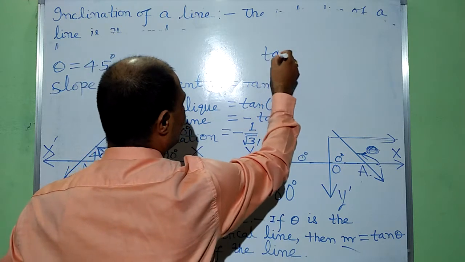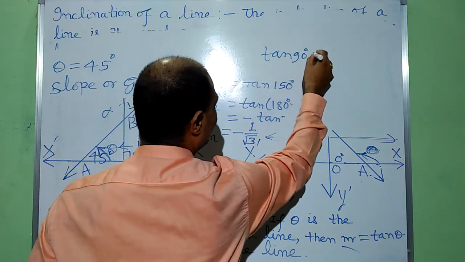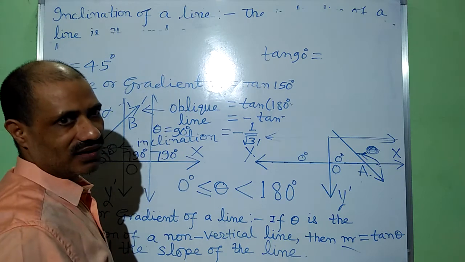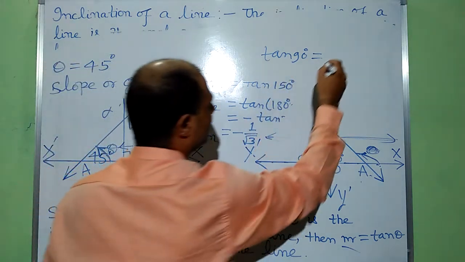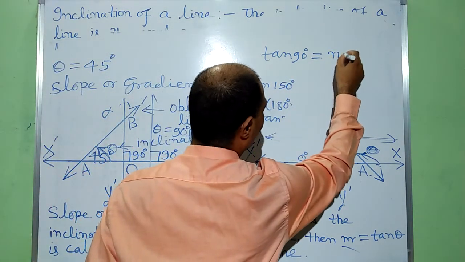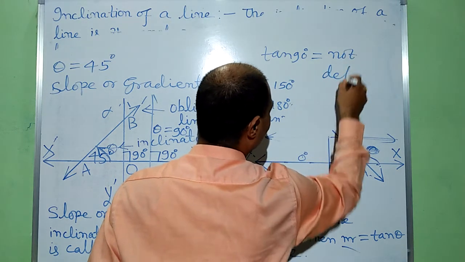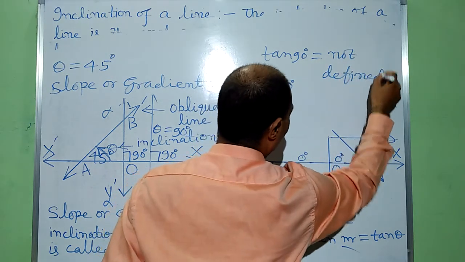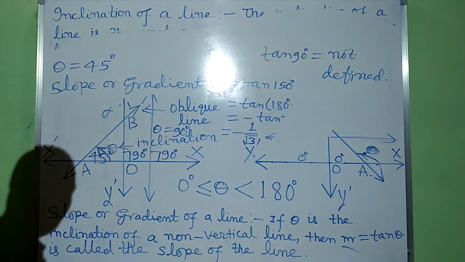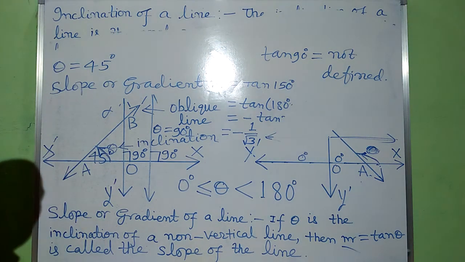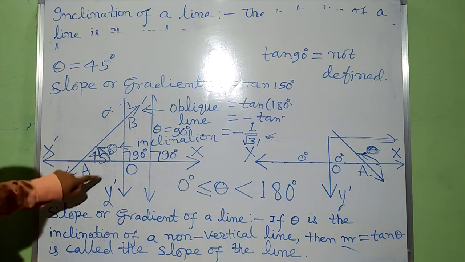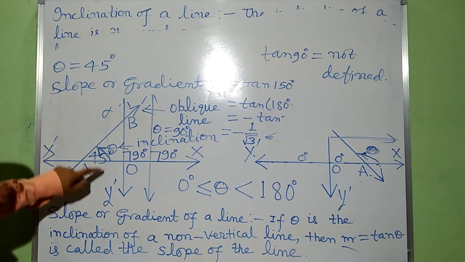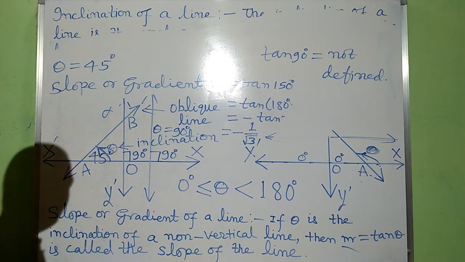Tan 90 degree is not defined, as we can't find its value. So gradient or slope of a line which is parallel to y-axis, its slope is not defined.